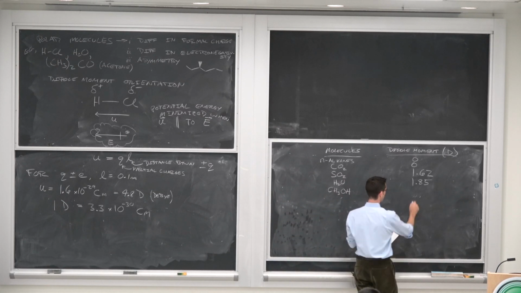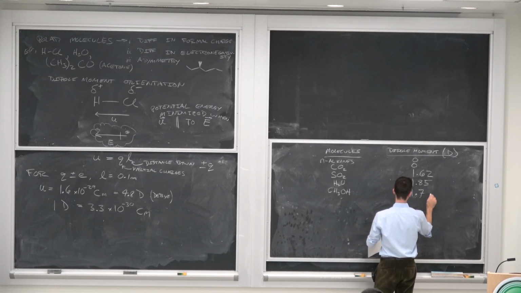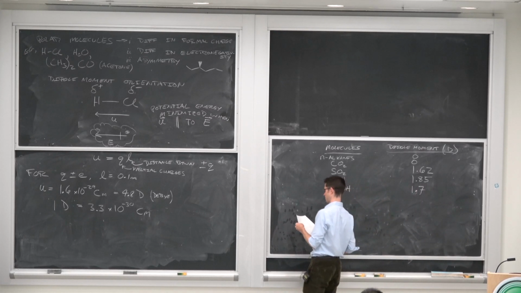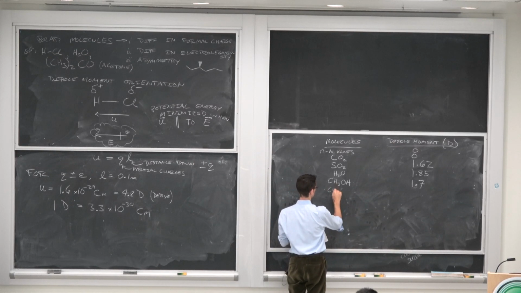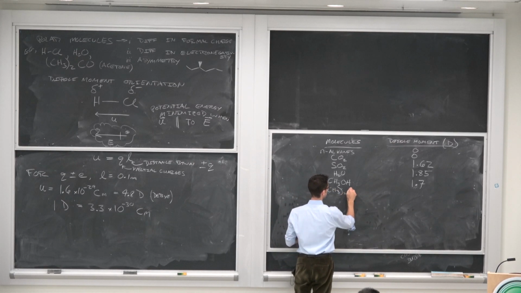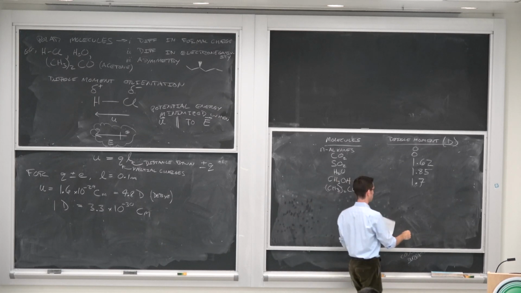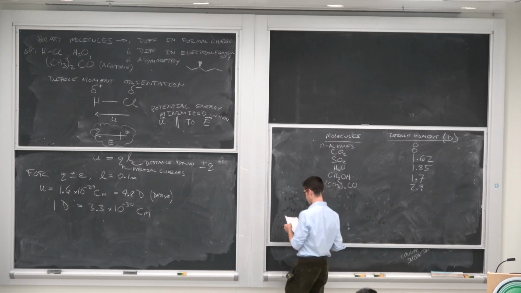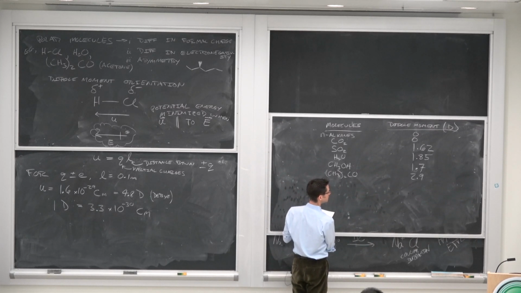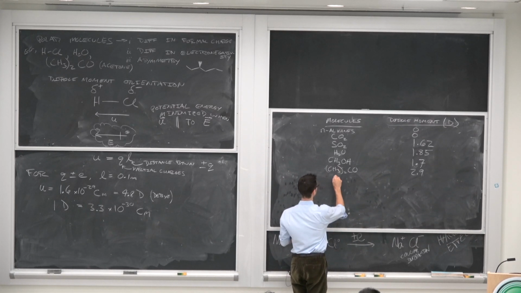CH3OH is methanol, a byproduct of moonshine production. That's 1.7. Acetone, which the Italians call acetone, is 2.9.